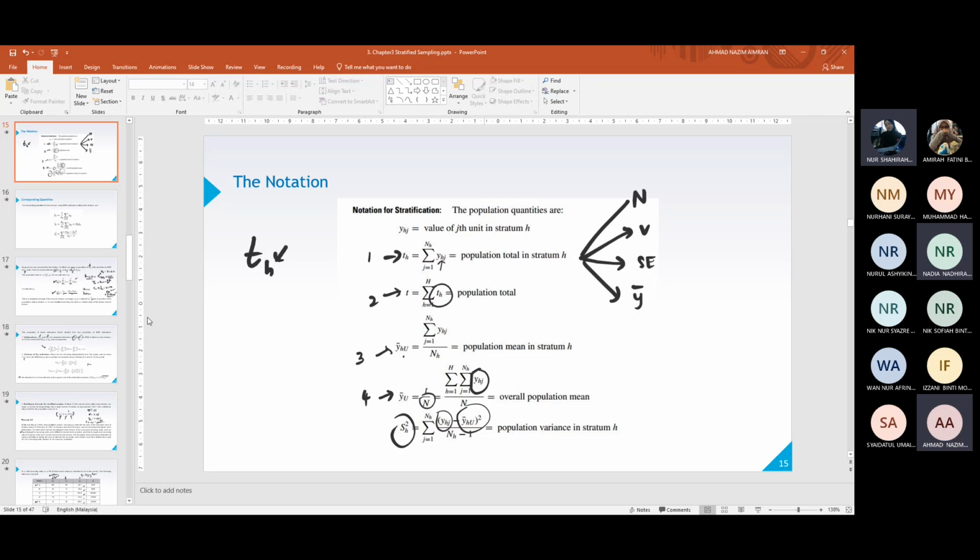If you have 4 stratum, for example in our earlier example, north east, north central, south and west, you have 4 stratum, which means you will have T1, T2, T3, T4. That is what h means. h can be 1, 2, 3 or 4, only one of them, because we want to calculate for each stratum.